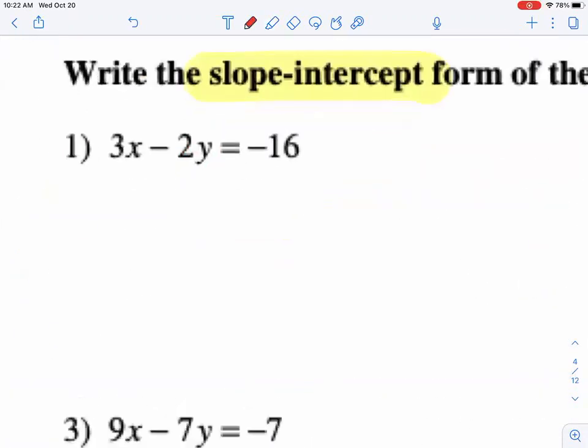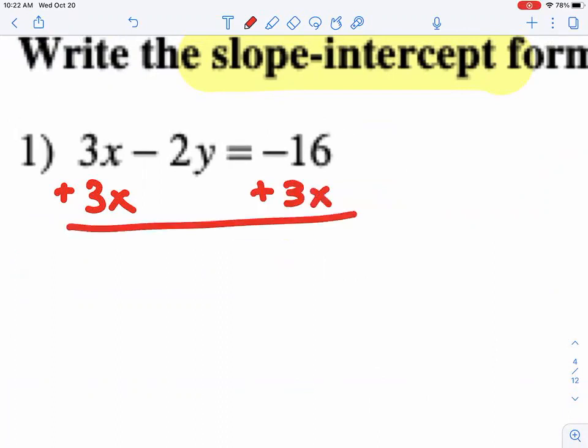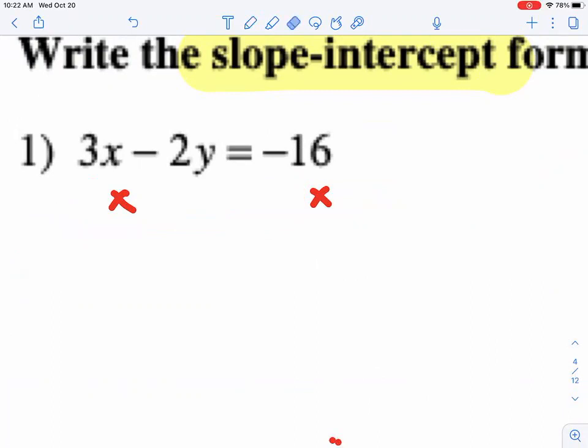I subtract 3x from both sides. Yes, you were right. Subtract 3x.